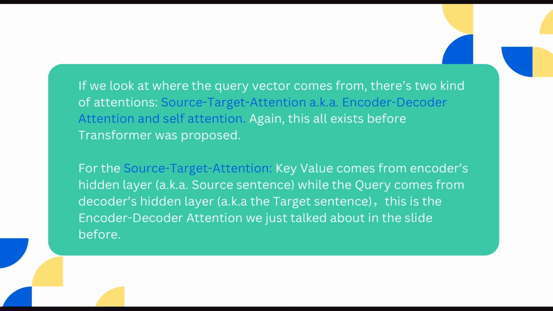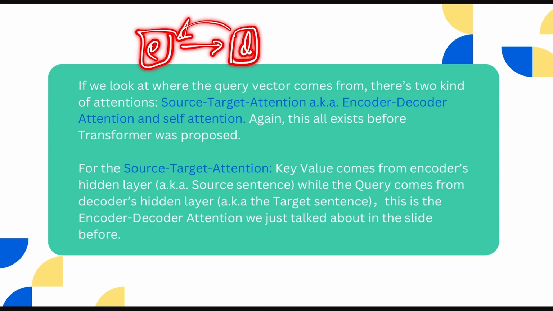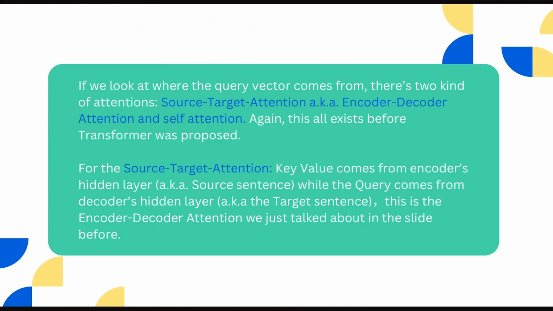So in the context of sequence to sequence models like transformers, the encoder decoder mechanism allows the decoder to focus on relevant parts of the input sequence generated by the encoder. The decoder can focus on some part of the encoder generated outputs.